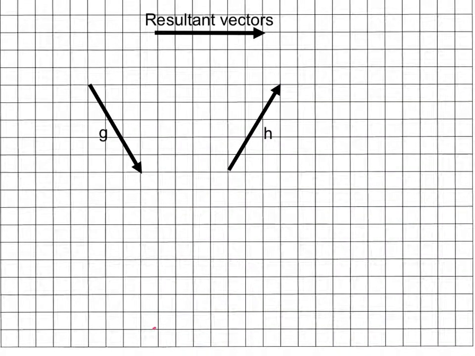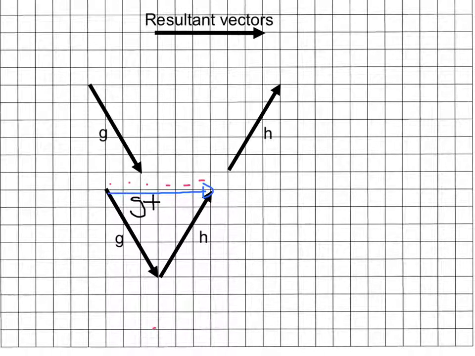Draw these two vectors out in your jotters and see if you can work out the resultant vector. So if we add h to g, we get a straight line vector, which is 6 squares along horizontally. And we can call our resultant vector g plus h.